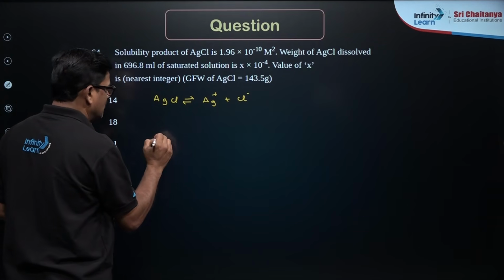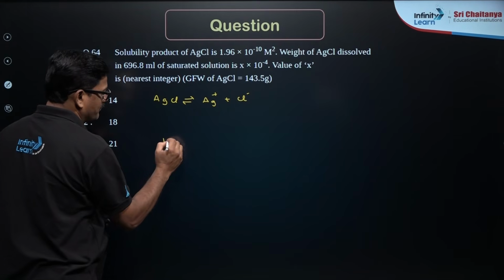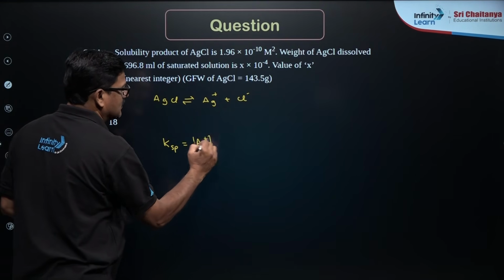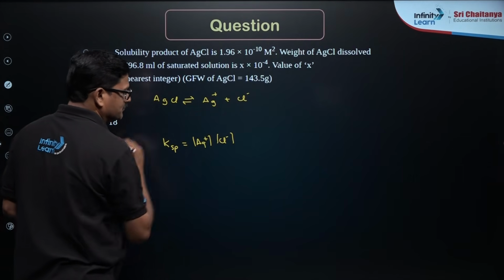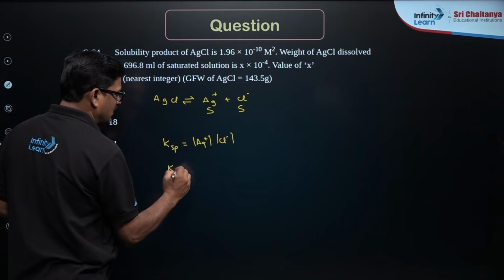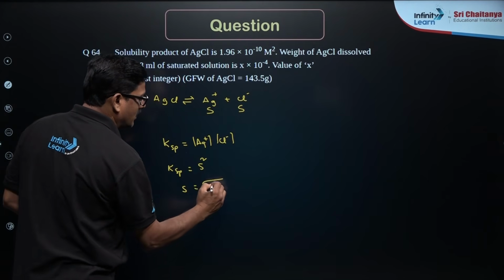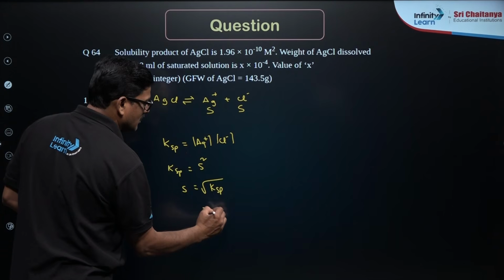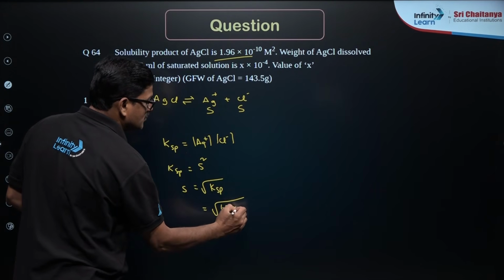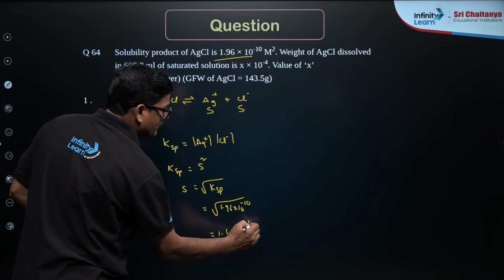So the solubility product Ksp is going to be Ag plus times Cl minus, and with solubility S, Ksp is going to be S squared. S is going to be root over Ksp, which is root over 1.96 into 10 power minus 10, that comes to be 1.4 into 10 power negative 5.